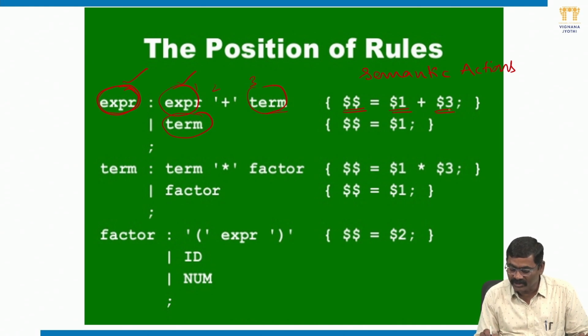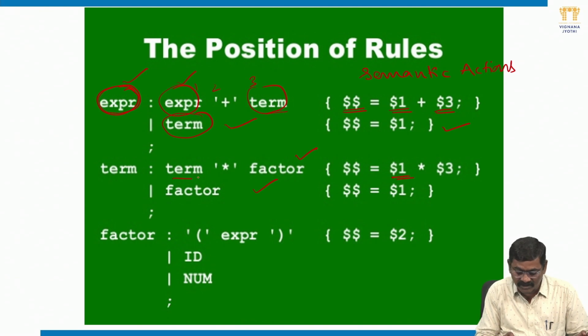So this is the third position, $3. Similarly, this is the or symbol, meaning the next alternative production for the EXPR. EXPR gives term. This can be represented as $$ equal to $1. Similarly, we can write the semantic rules for this production as well as this production. For this production, I am going to read it out: $$ equal to $1.